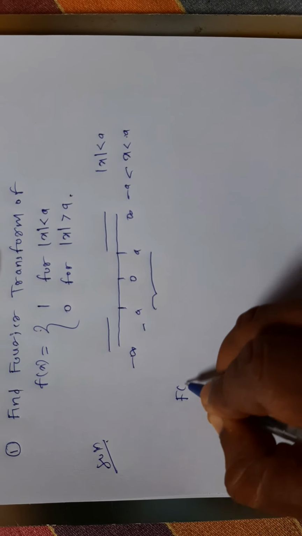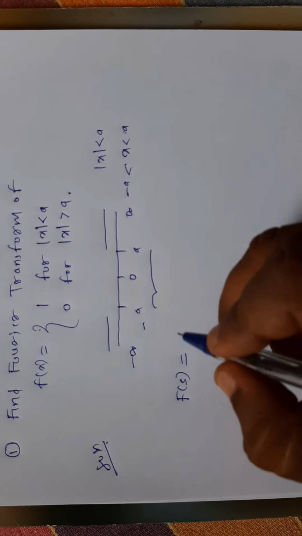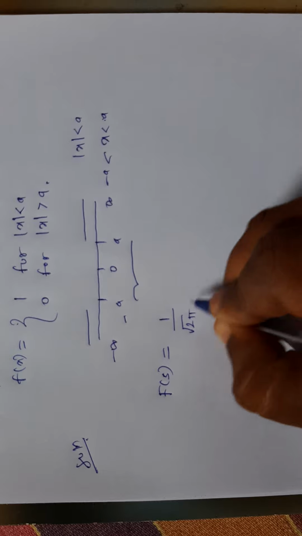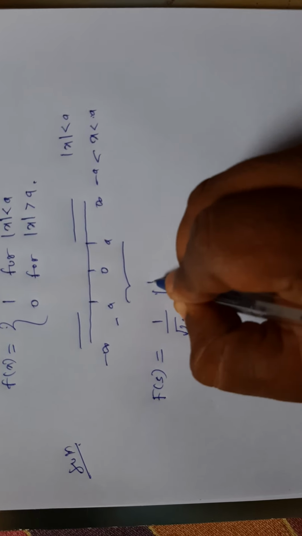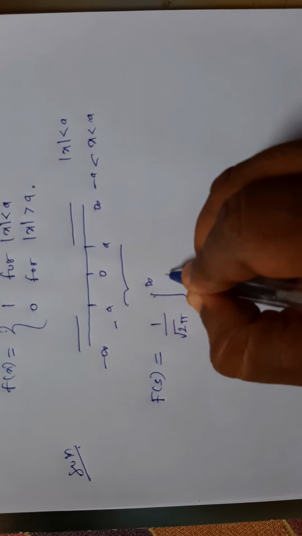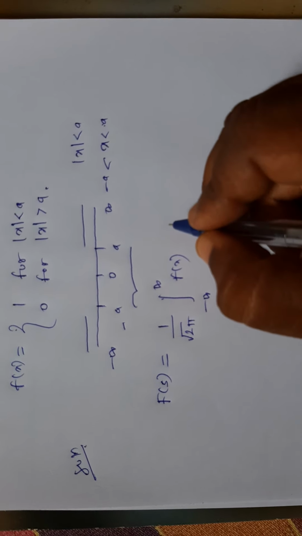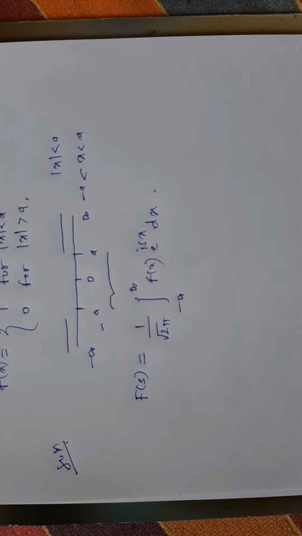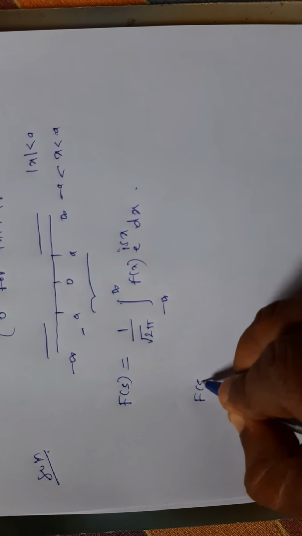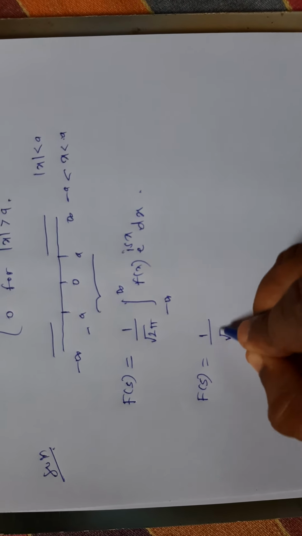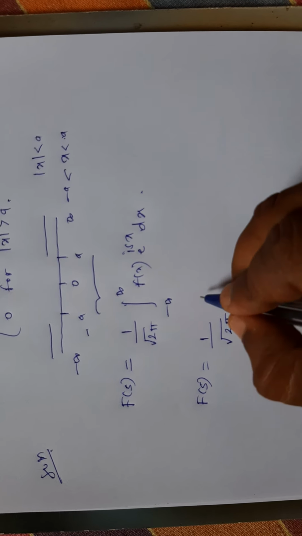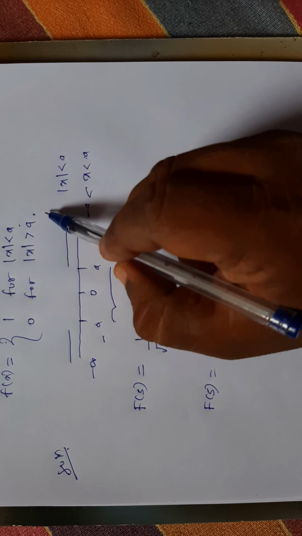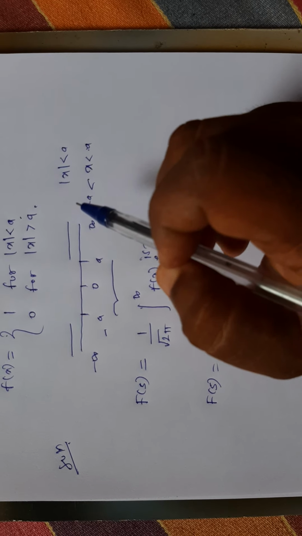First I will write the formula: F(s) is equal to 1 upon square root of 2 pi, integration from minus infinity to plus infinity f(x) e^(isx) dx. Therefore F(s) is equal to 1 upon square root of 2 pi. Here mod of x less than a and mod of x greater than a, so it is having three ranges.